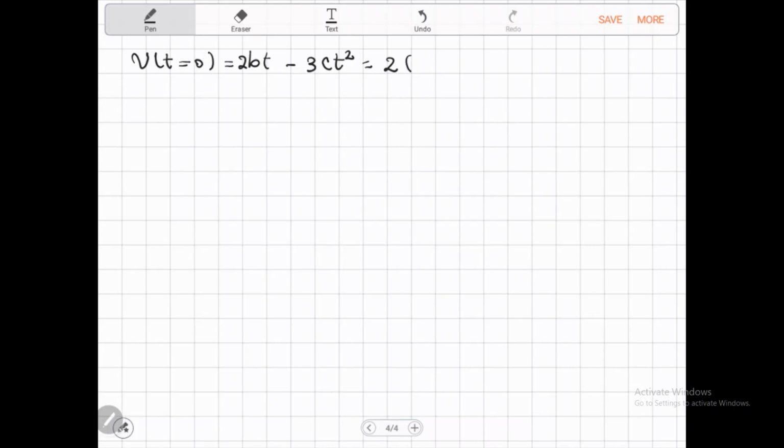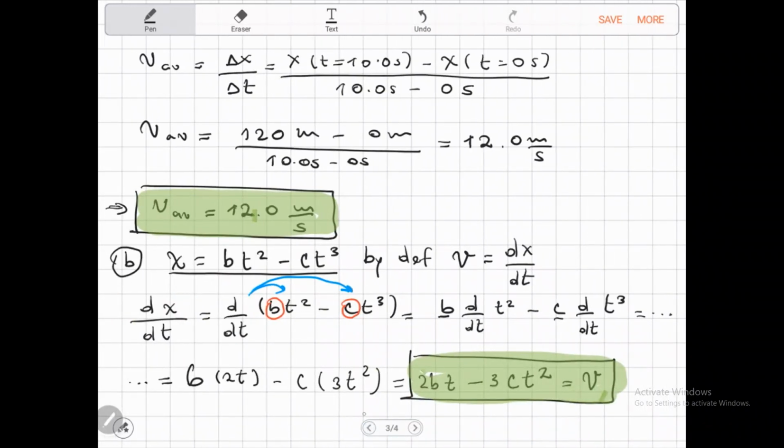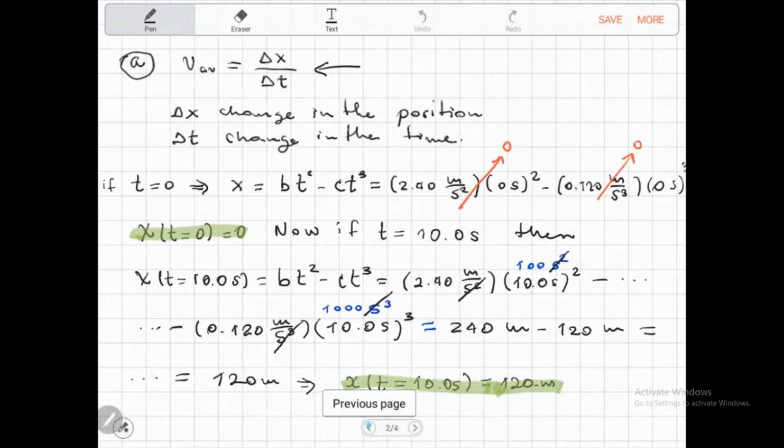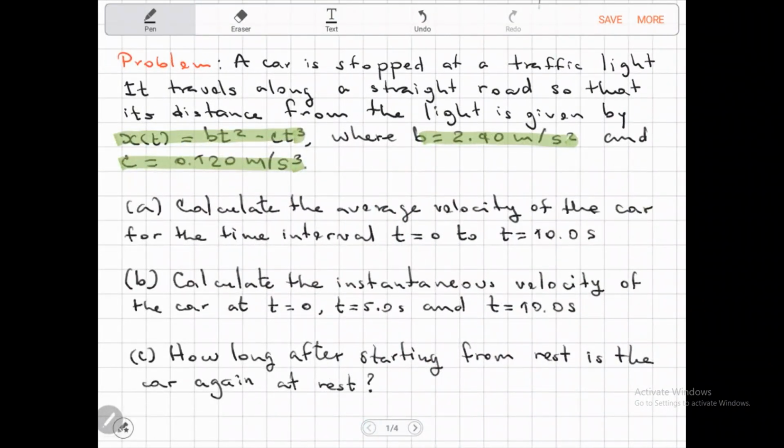what is b? B is 2.40, remember, right? If we remember this, we know that b is equal to 2.40 meters per second squared, and c is 0.120 meters per second cubed.